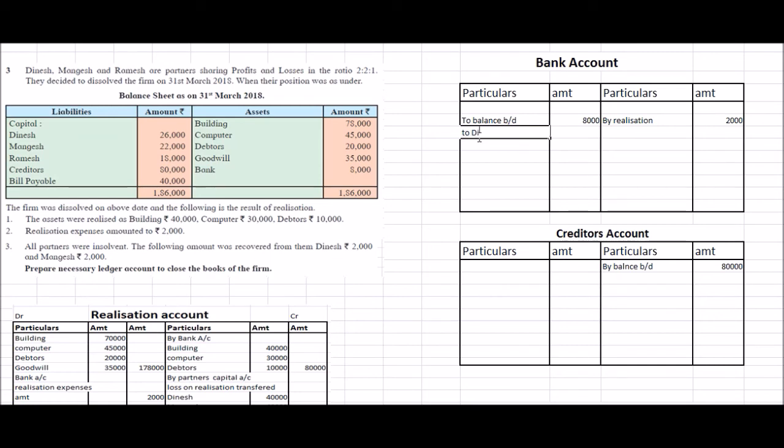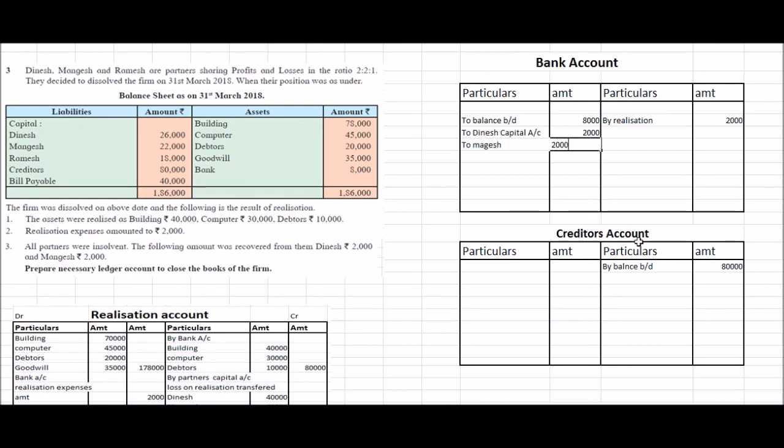To Dinesh capital account, Dinesh capital amount is 2,000 rupees, and Magesh amount is 2,000 rupees.